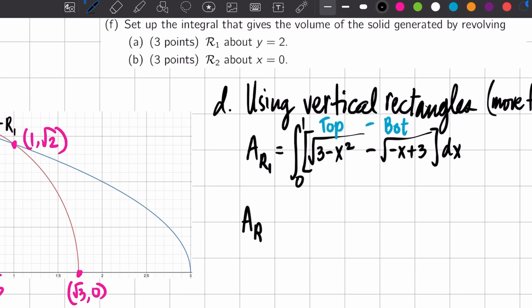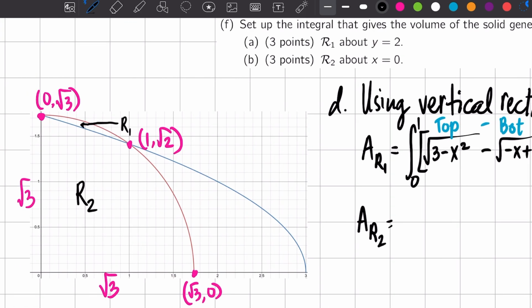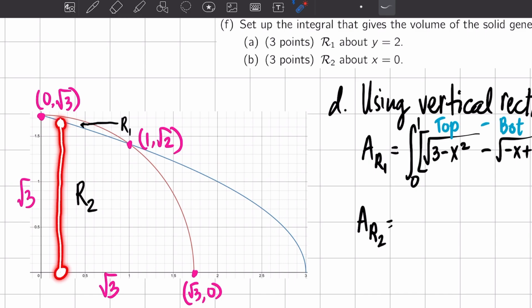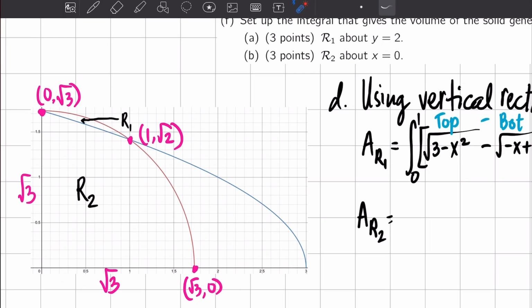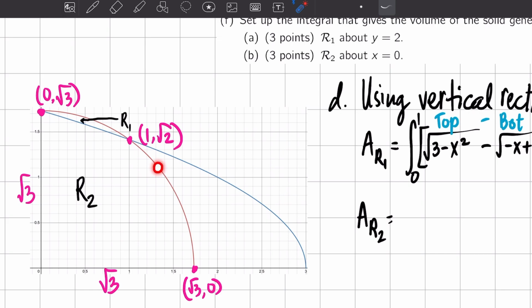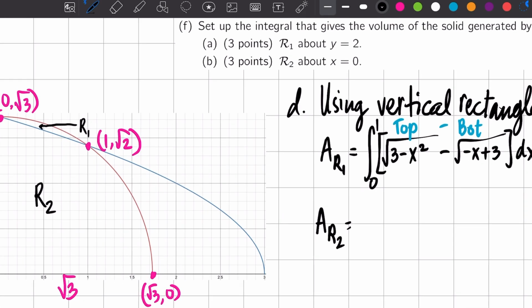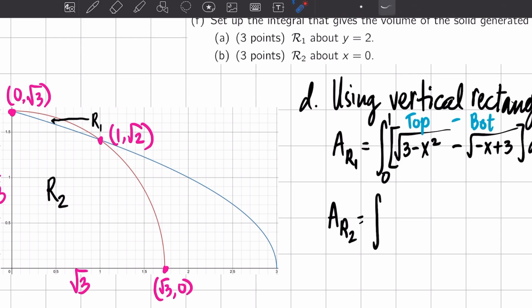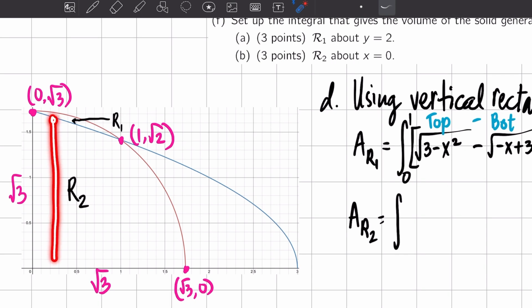For R2, however, there are two cases. The first one is this one right here, where the top curve is the blue curve and the bottom curve is your x-axis. For the second one, your red curve will be the top curve, and the bottom curve is still the x-axis. So we set this one up twice. First one is top curve minus bottom curve.